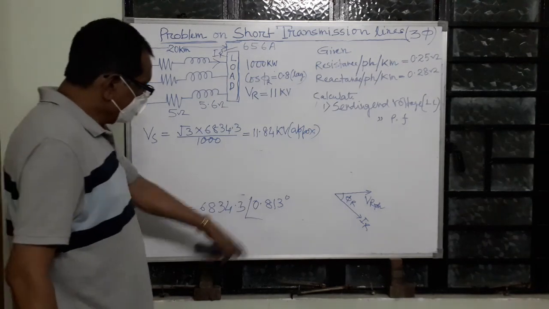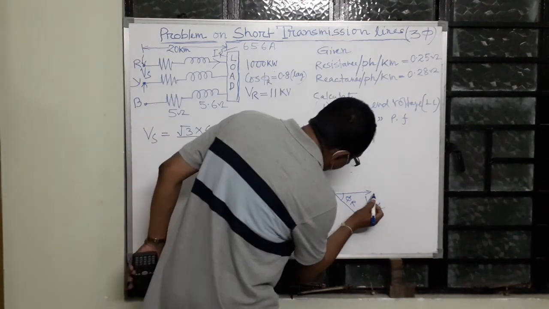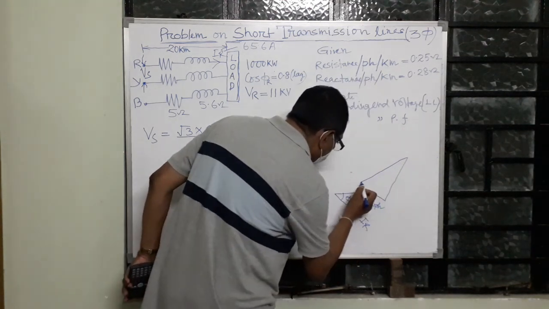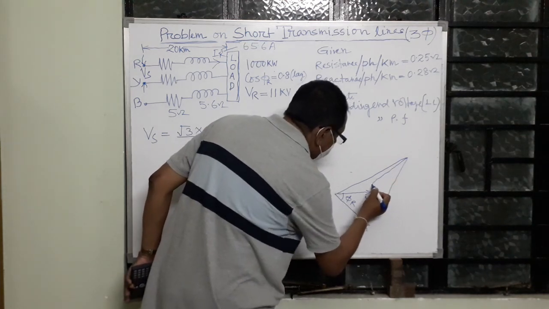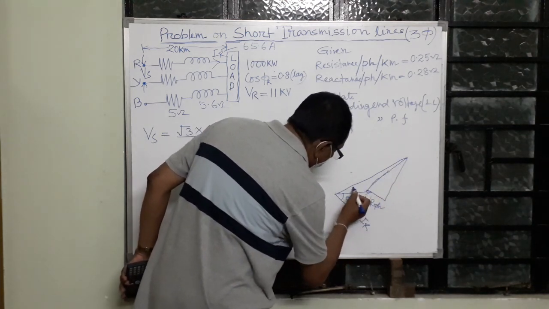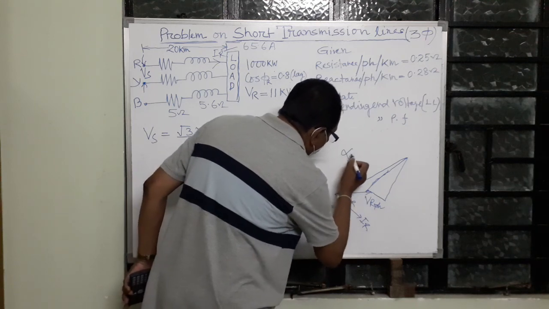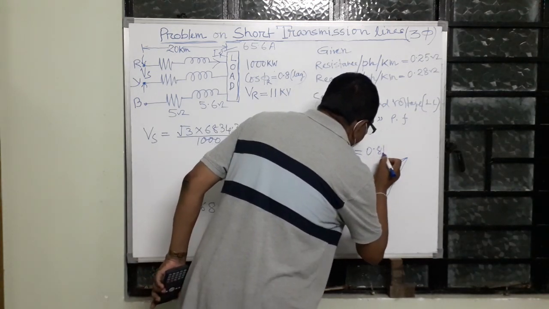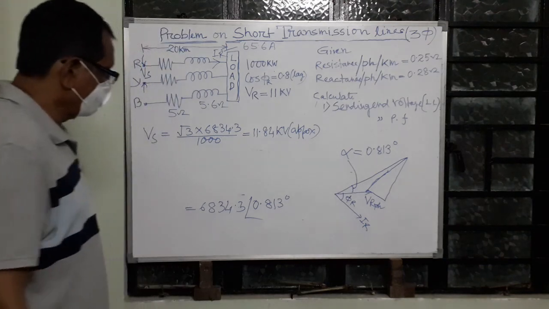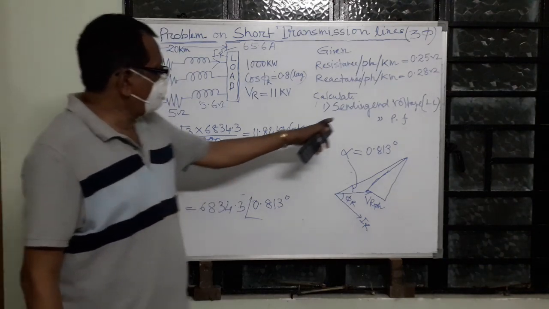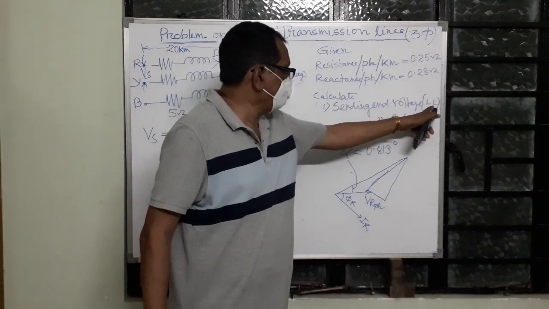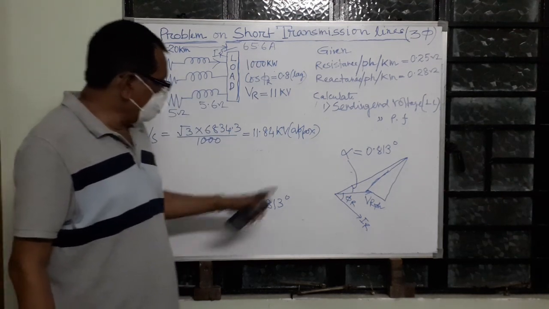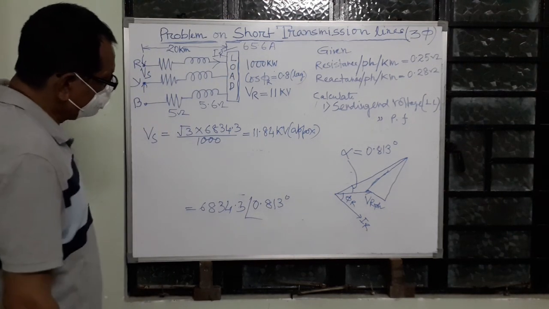So if we draw the vector diagram, IR, IXL, this is the angle, suppose alpha, 0.813. So the second point is sending end, first point sending end line voltage, that is line voltage, Vs is 11.84, and sending end power factor.